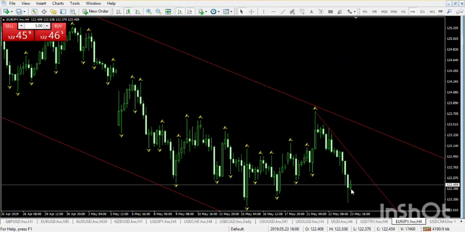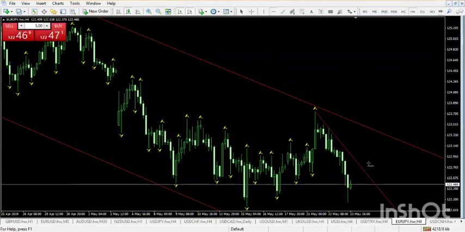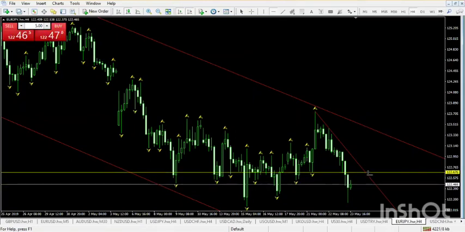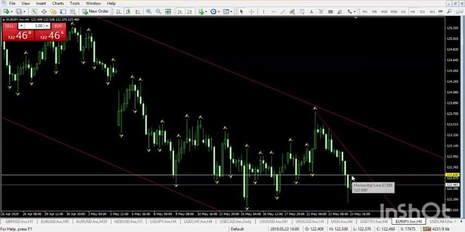The lower shadow of that candlestick is longer, so it's an engulfing candlestick. So we're going to take a buy order up until this edge here.